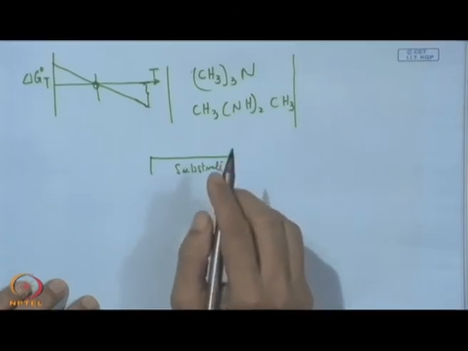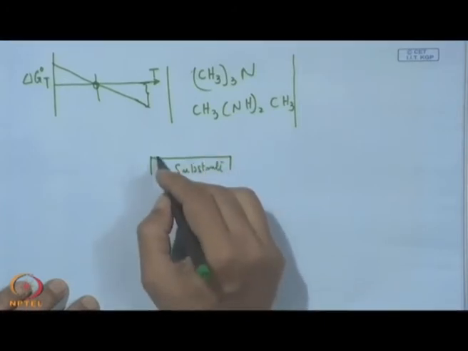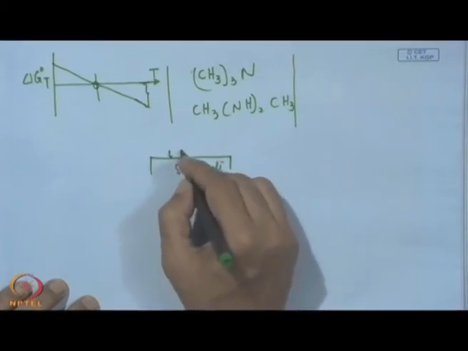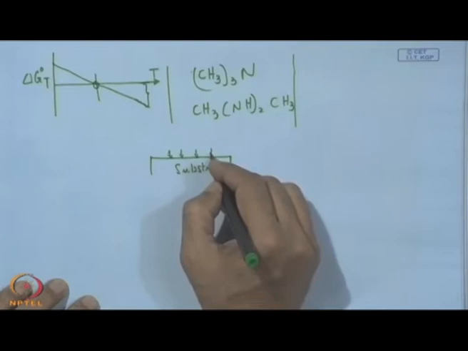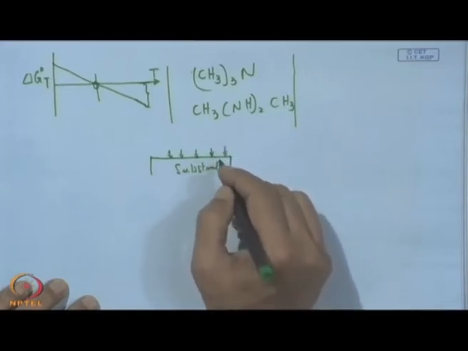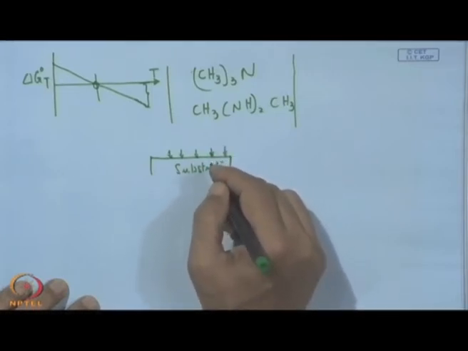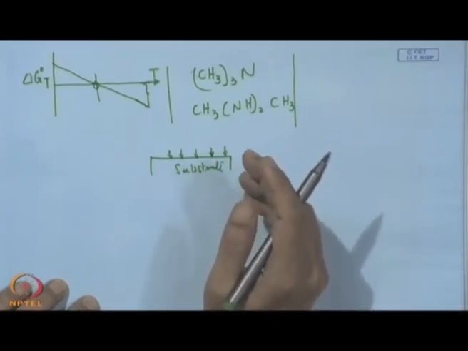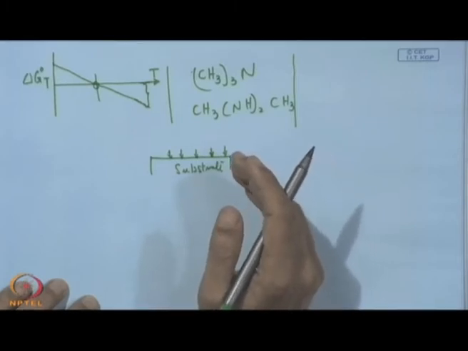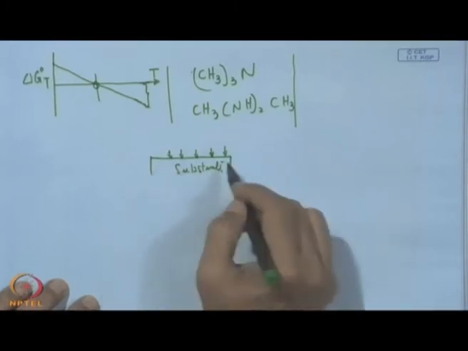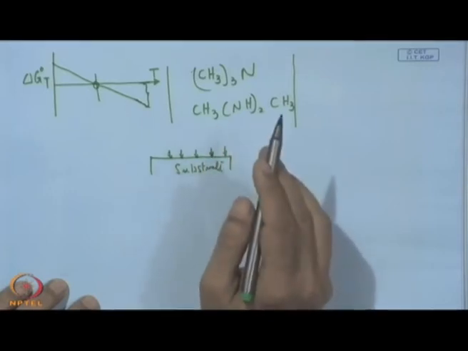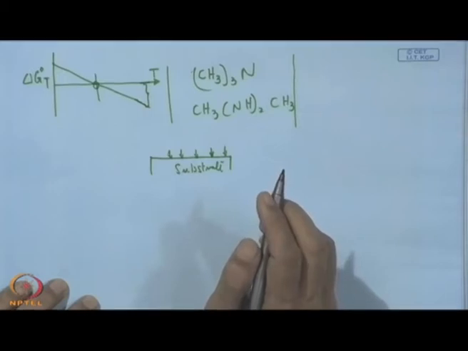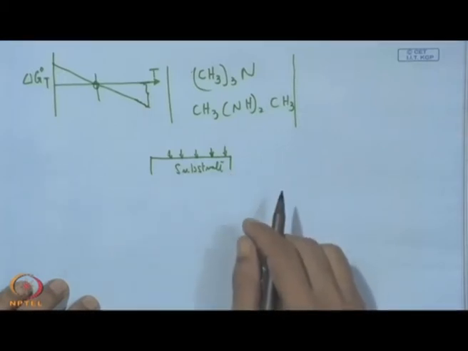Whatever may be the reaction should take place on the substrate surface, and the product should also be synthesized, its nucleation, growth and lateral growth, vertical growth, everything should take place on this solid surface, and it should not be a homogeneous reaction.